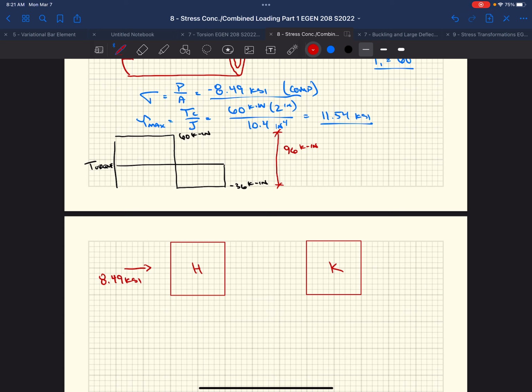It's a compression, so the arrow's acting towards the surface. We have a magnitude, and then the arrow gives us direction. In order for this little stress block to be in equilibrium, we have to have forces equal and opposite. So I'm going to say I've got that same force acting on the other side of this stress block.